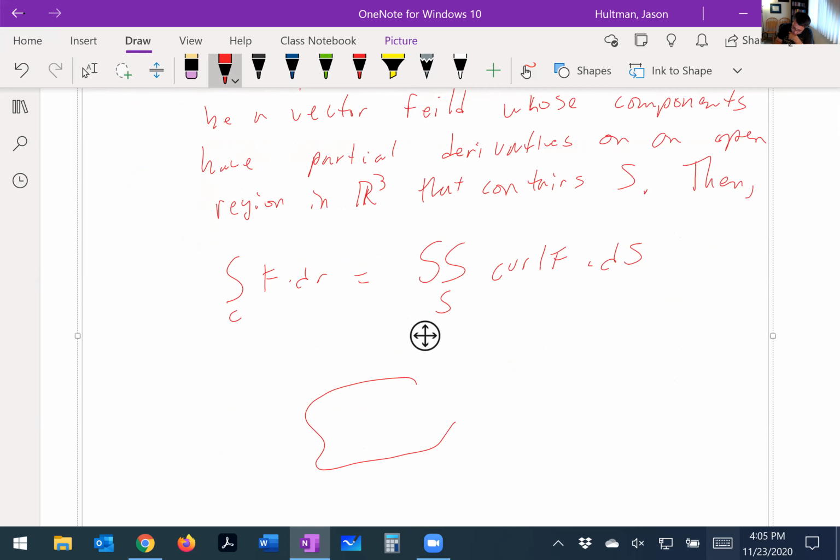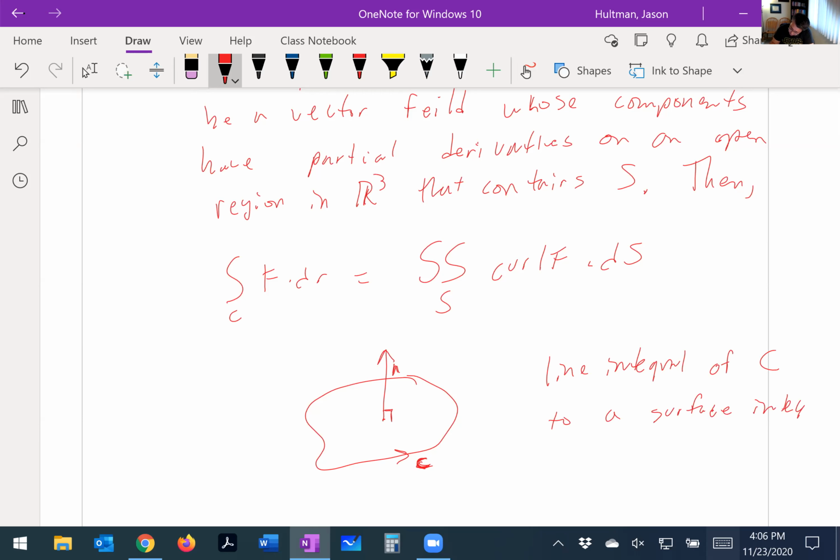So basically taking this line integral over C, and saying that if we have a positively oriented surface, this would be n to our surface, then we can change the line integral of C to a surface integral of S. This would be surface S.